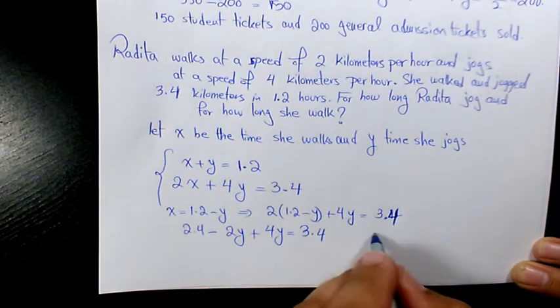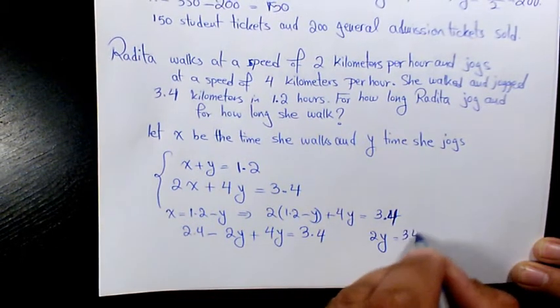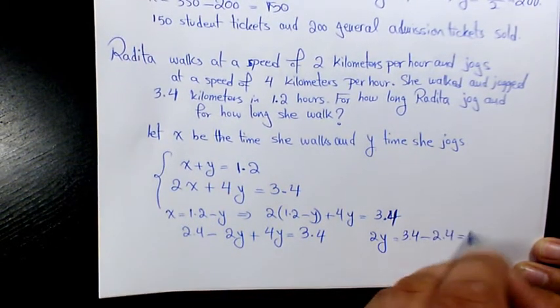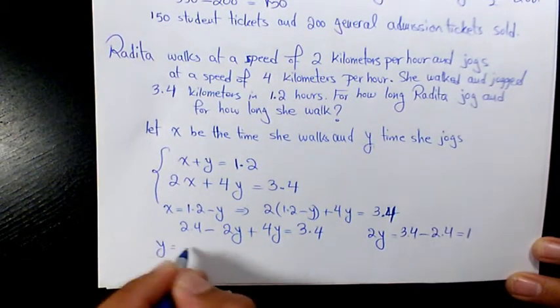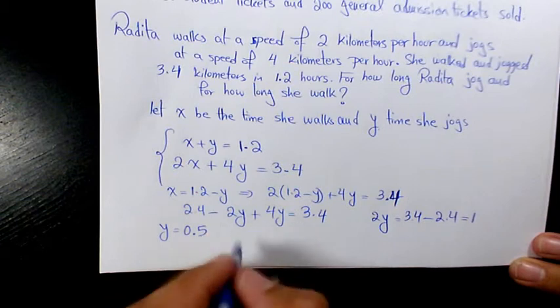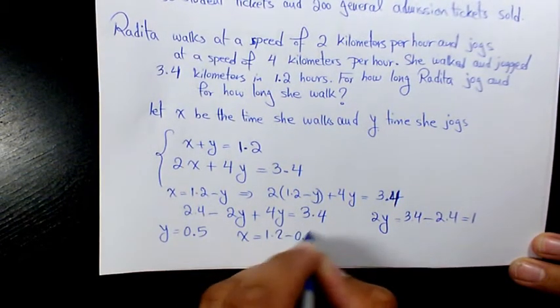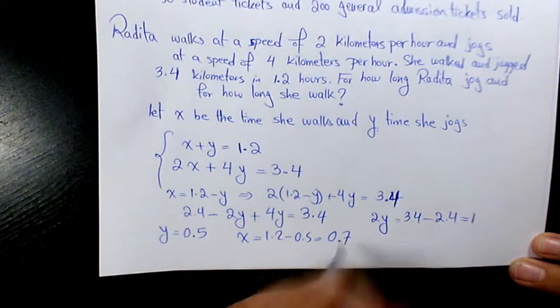So we're going to have 2y equals to 3.4 minus 2.4, which is 1. So y will be 0.5. On the other hand, x is 1.2 minus 0.5, which is going to be 0.7.